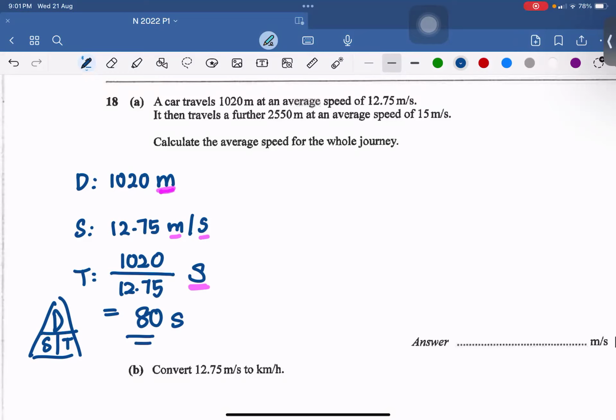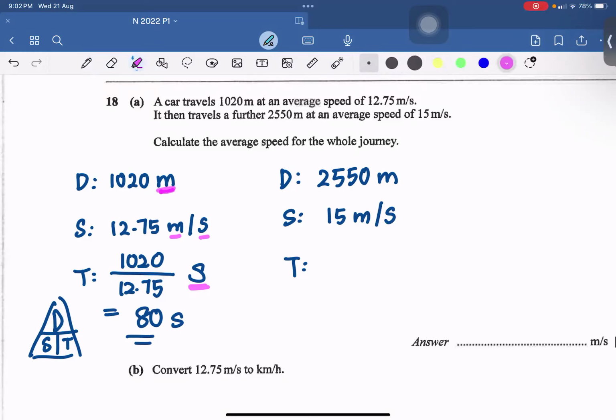Second part of the journey. Did they stop in the middle anywhere? They never stop anywhere, right? It continued the journey. The second part: distance, speed, time. What information do they give me? 2550 meters, average speed 15 meters per second.